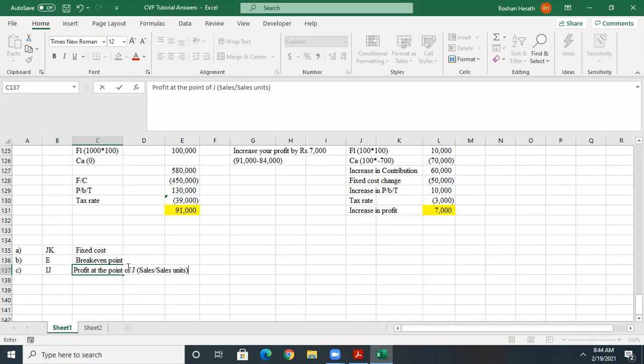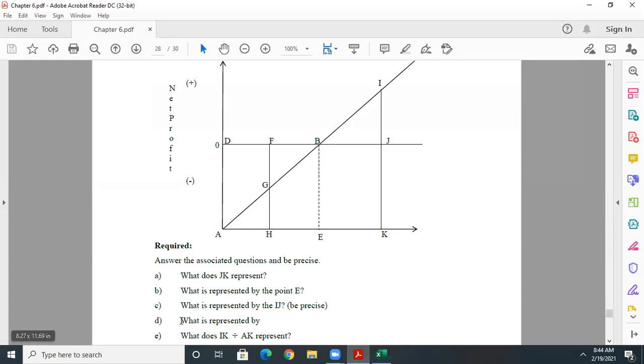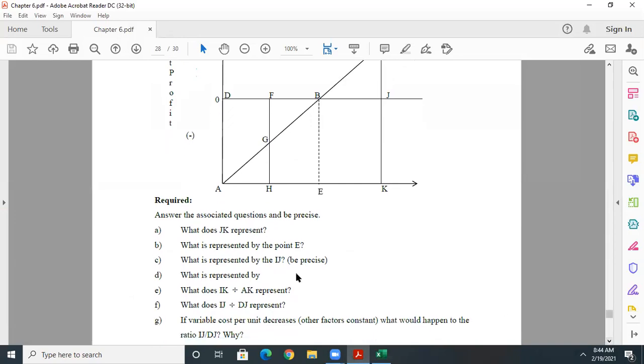Profit at the point of J, that is sales unit. Then what is next? Part D. It does not ask what is represented by; the question is silent. We cannot even figure that out.